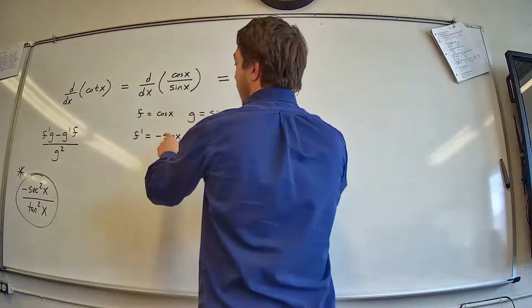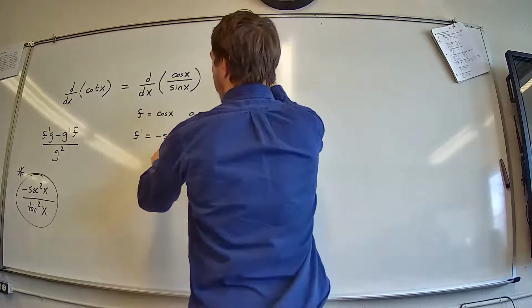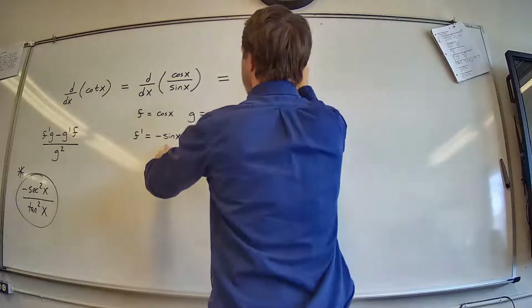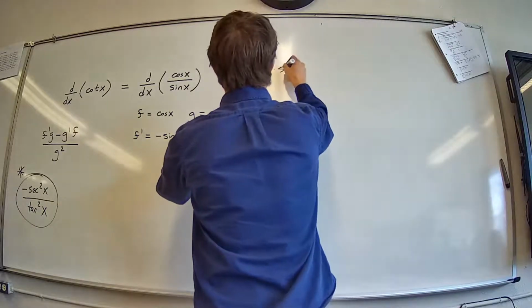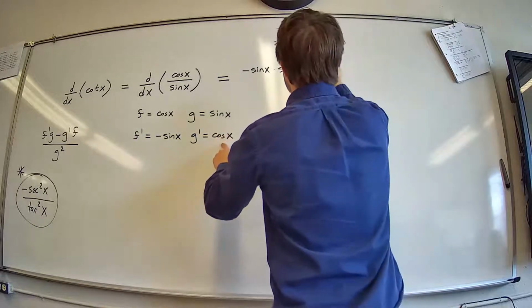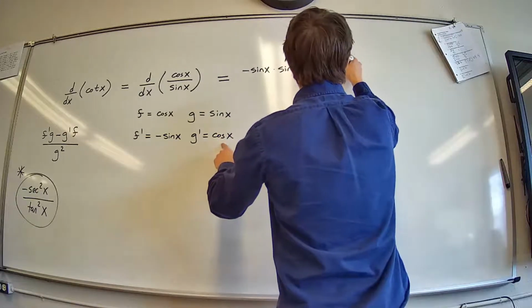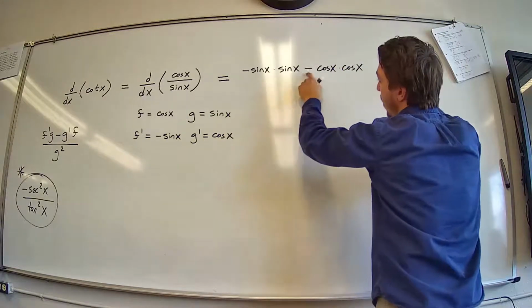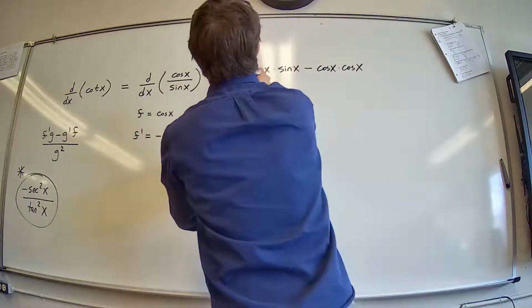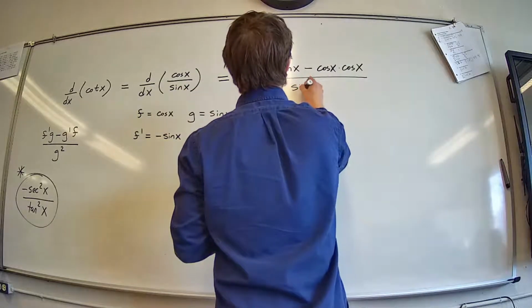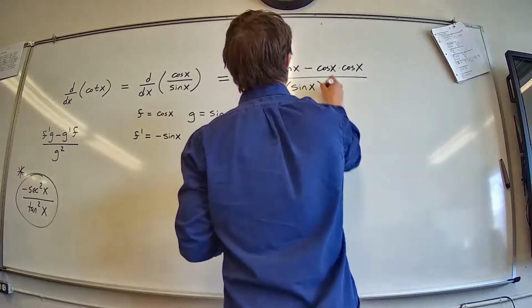Because F prime G would be negative sine times sine, minus G prime F, so there's our F prime G minus G prime F all over G squared.